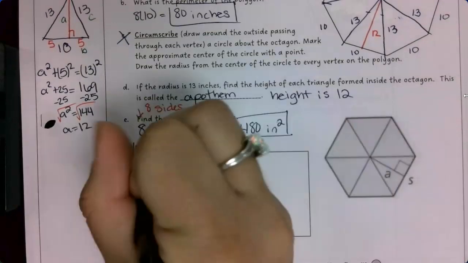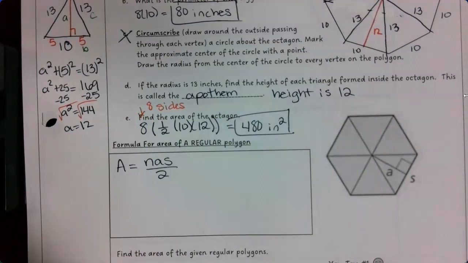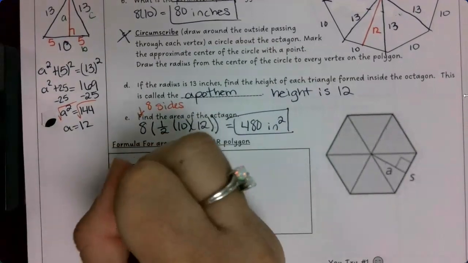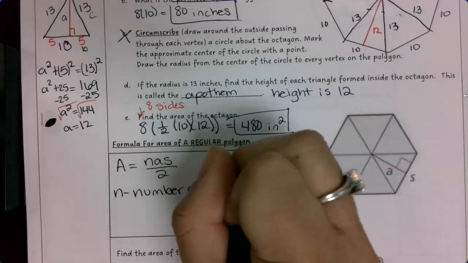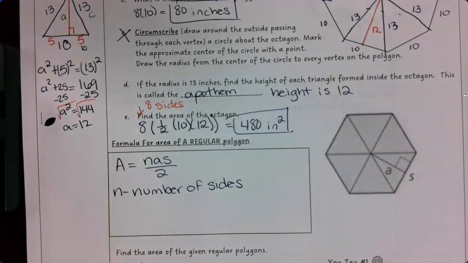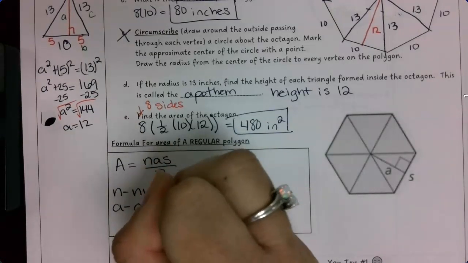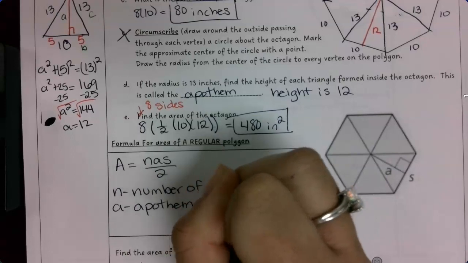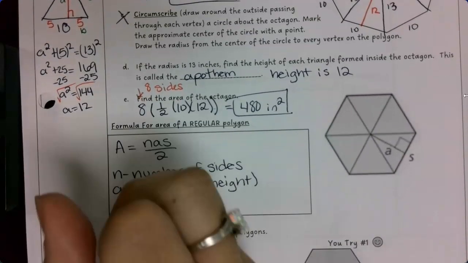It's going to be A equals NAS divided by 2, where N is the number of sides, A is my apothem, that is the height, and S is my side length.